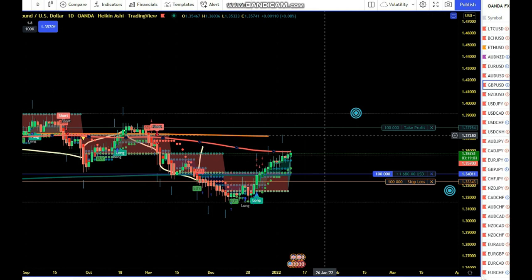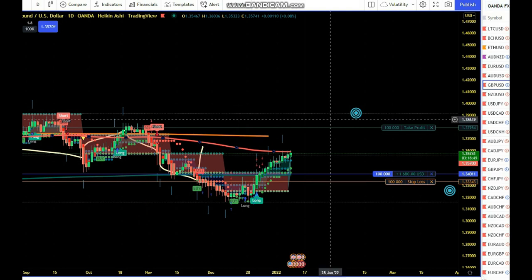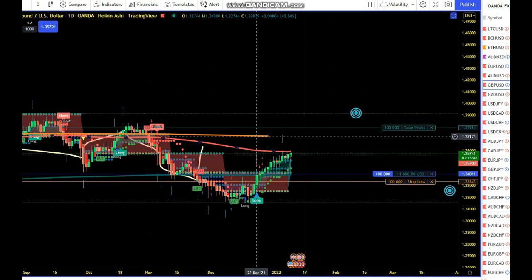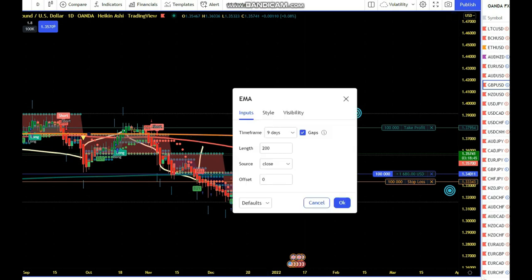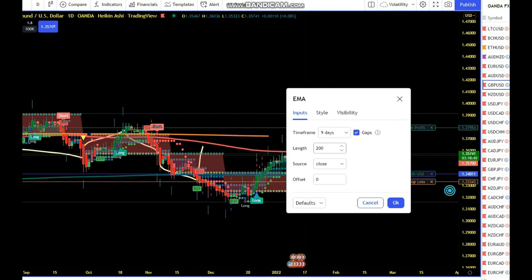The red one, we see here the red one, the orange one, this is this one, and this is the green one. Yes, very nice. So my orange line is the EMA 200 of the last 9 days.